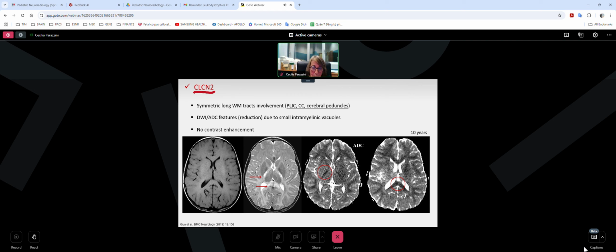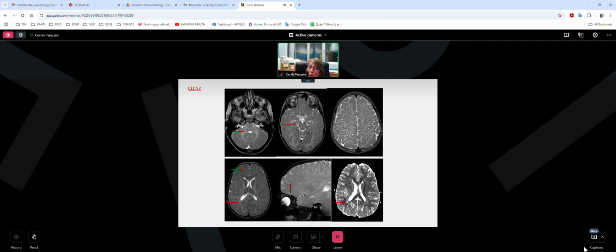In CLCN2 disease, which is a very rare form, there is a characteristic symmetric long white matter tract involvement in the internal capsule, corpus callosum, and cerebral peduncles, because the chloride channels are expressed mainly in this region. And on diffusion sequences, there is a variable reduction of diffusion due to intramyelinic edema due to microvacuolization of the myelin.